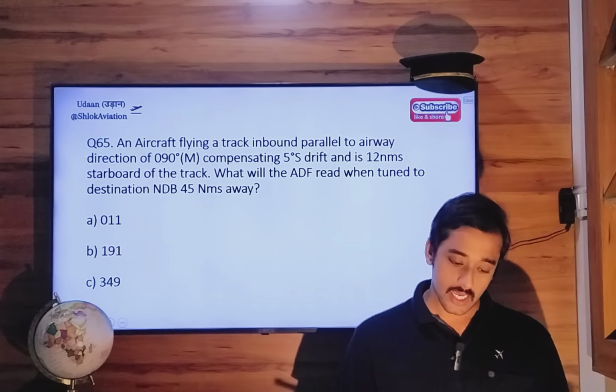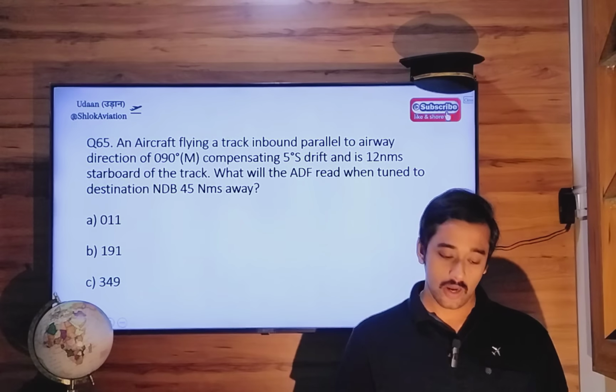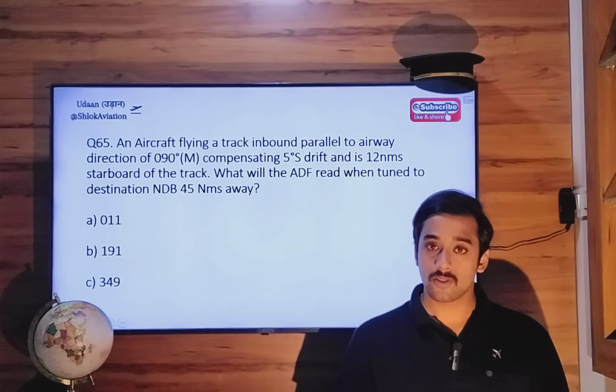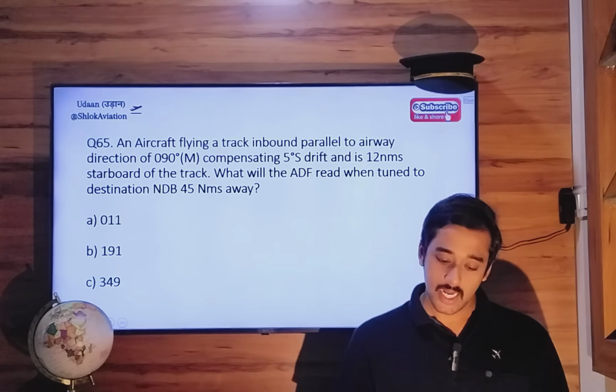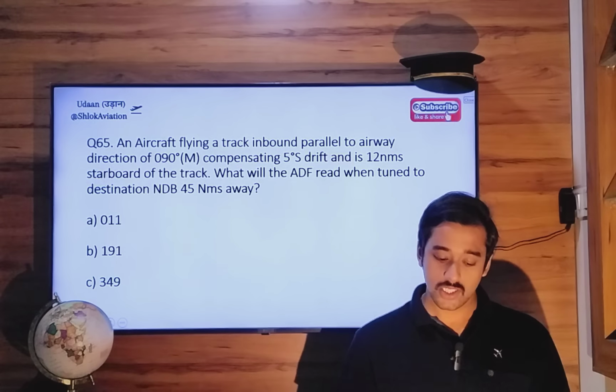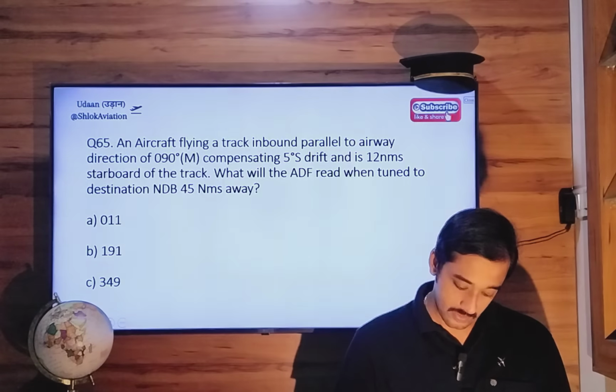Aircraft flying a track inbound parallel to airway direction of 090, compensating 5 degrees starboard drift, 12 nautical miles starboard of the track. What will be the ADF reading when it is tuned to a destination NDB, which is 45 nautical miles away?